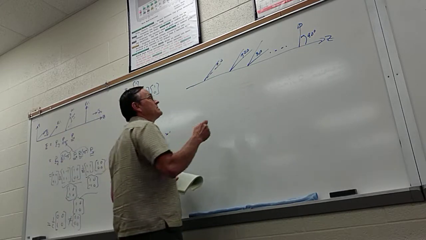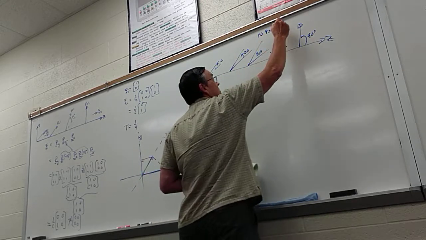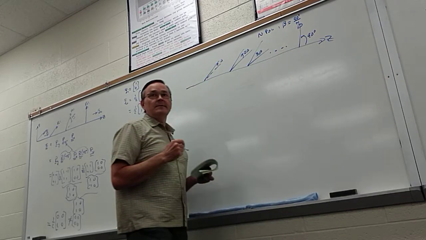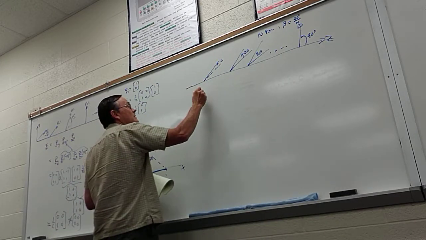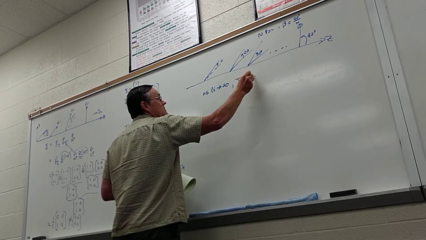And I do this with n polarizers. So beta is equal to 90 degrees divided by n. Then, as n goes to infinity, transmission goes to unity.